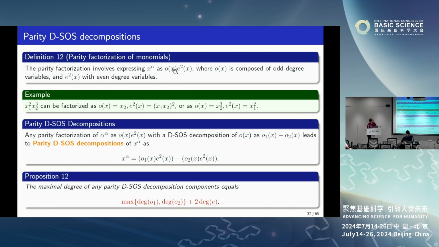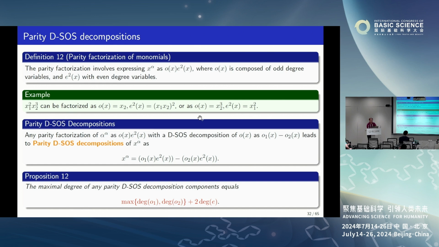O is composed only of the odd degree variables, like x1 or x1 cubed. And E squared is only the even degree parts. For example, for x1^2 x2^3, you can get O as x2, and E squared as the left part, or O as x2 cubed, and the left part as a square.